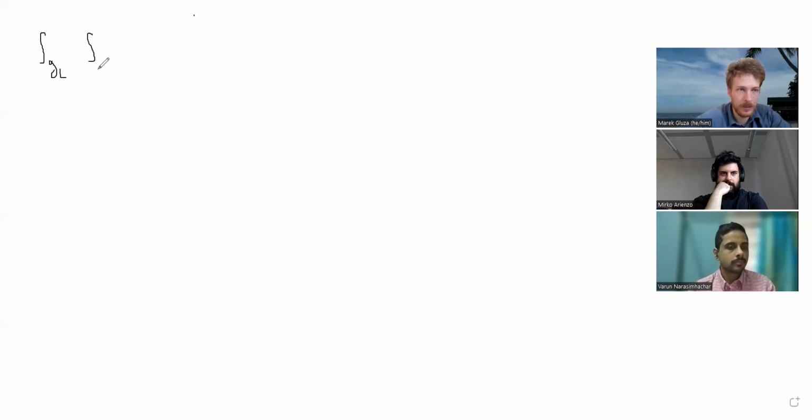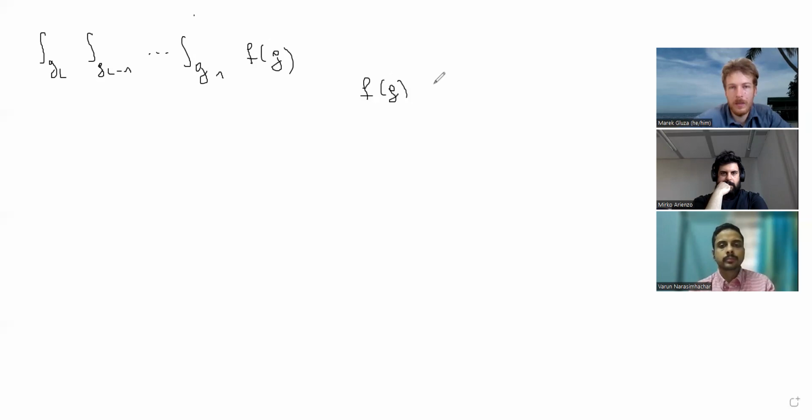So right now I'm writing something like this: G_L minus 1 until G_1, and then here we can have some f of g, which is part of the full Grassmann algebra, which we were denoting with the span of all possible Grassmann words over complex numbers.